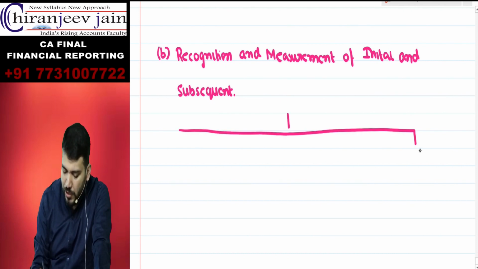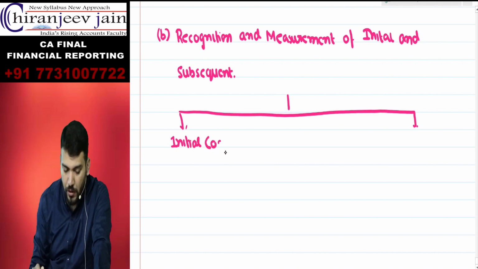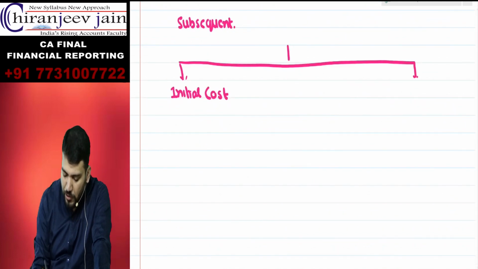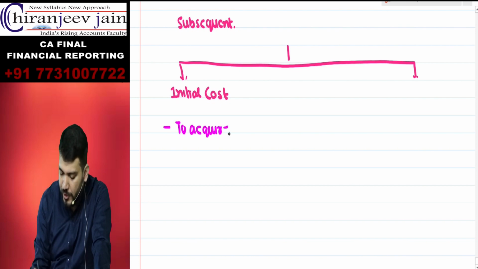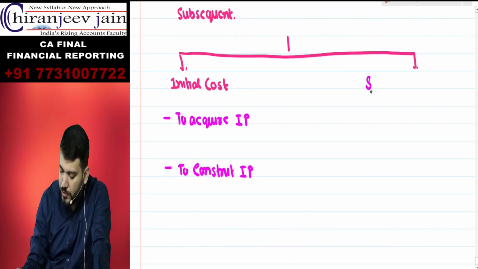So can I say for initial cost always recognition criteria will be satisfied? Initial cost can be incurred to acquire investment property or to construct investment property, correct?